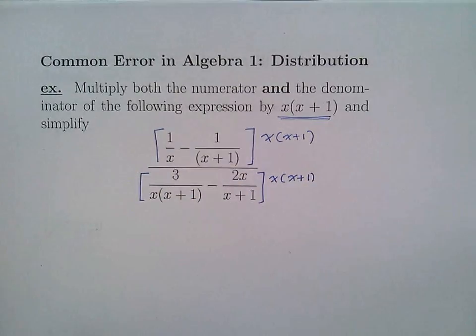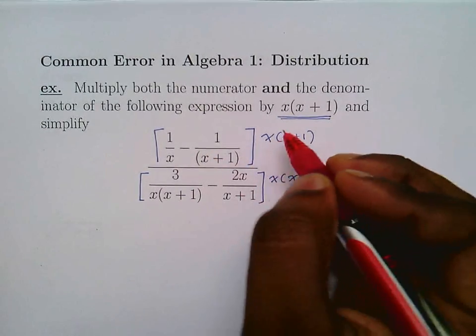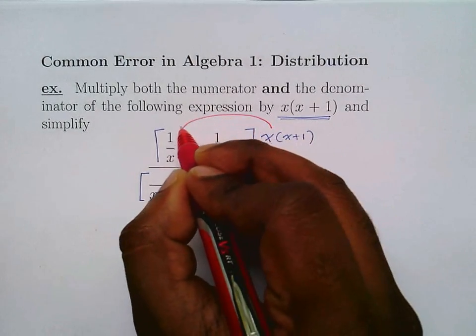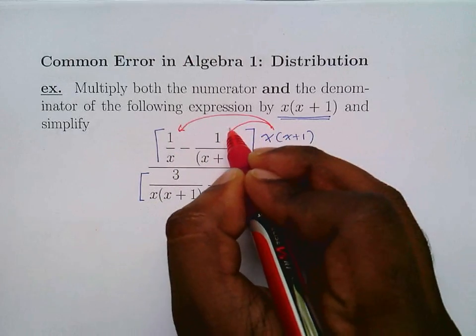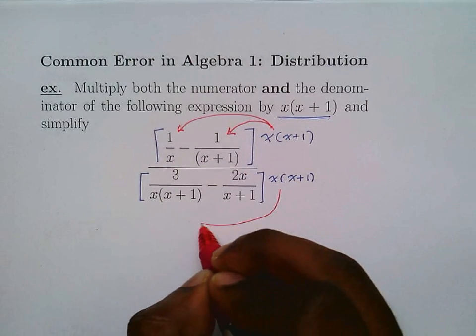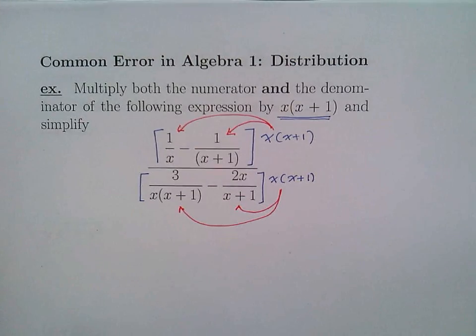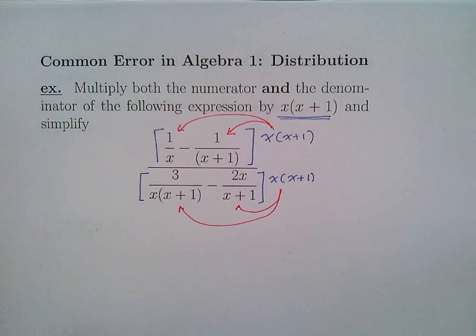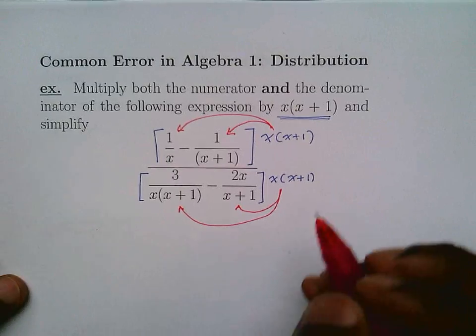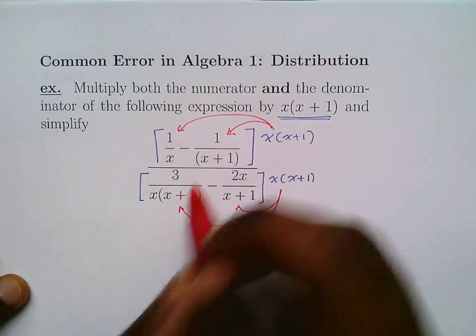Now the crucial step that I always find that students do not do is the distribution. You can see there are multiple terms where you have to distribute this to all the terms. So the next step, you need to write it down that you have distributed without trying to cancel things off like that.